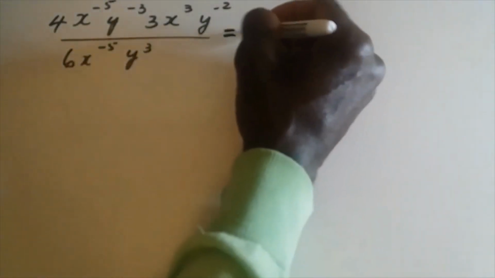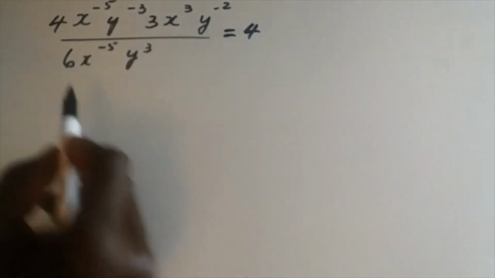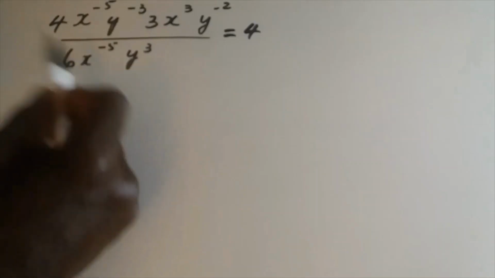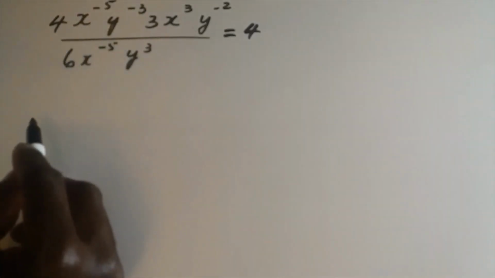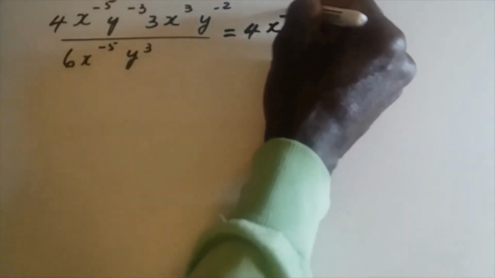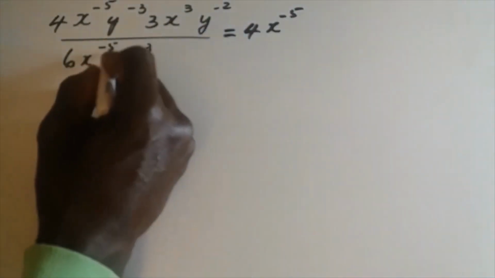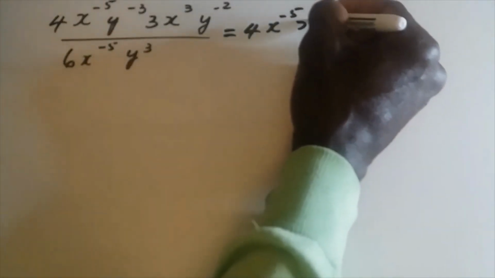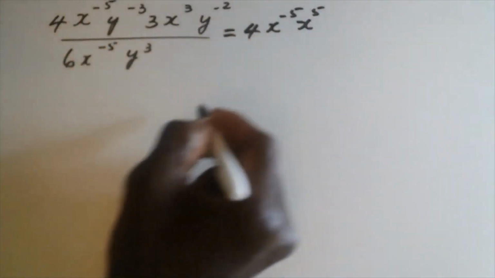We have 4 to start with. Anything we move from the denominator with a negative index moves to the numerator and becomes positive, and vice versa. So we have x to the minus 5. We'll move this x to the minus 5 to the numerator to become x to the 5th power.